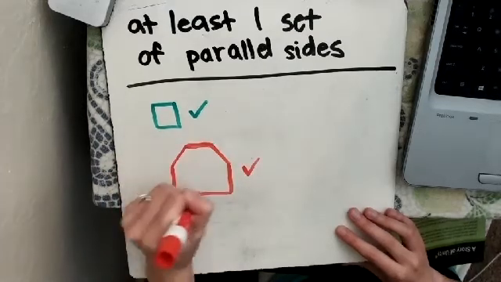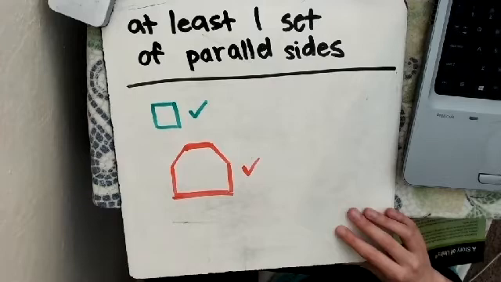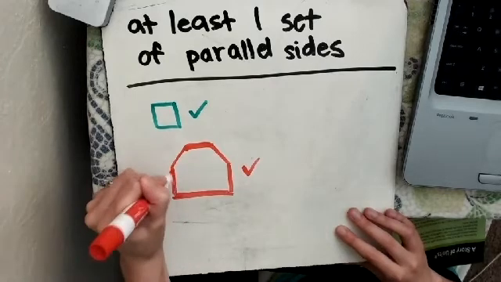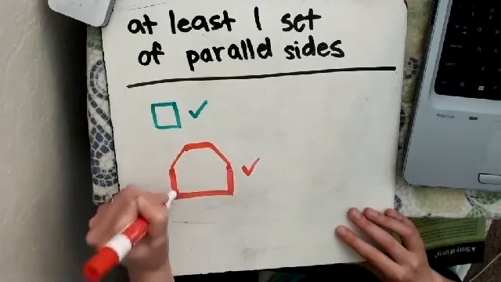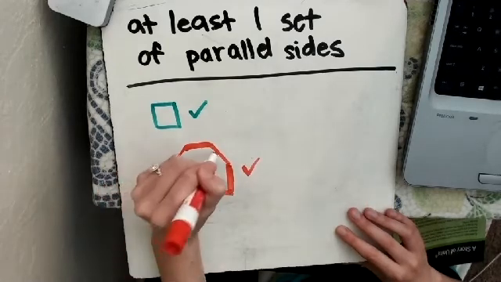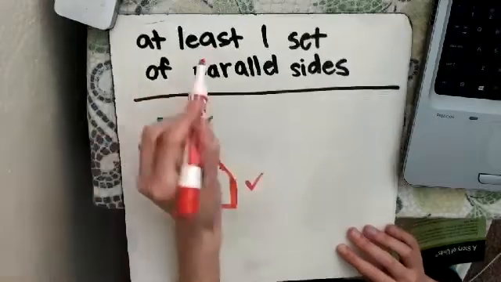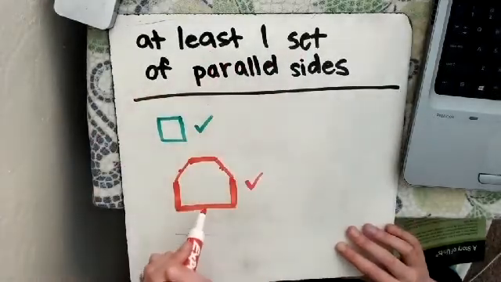These 2 are parallel. They would go on forever and never touch. And these 2 are parallel. Are these 2 parallel? No. But we just need at least one set, and this has at least one.